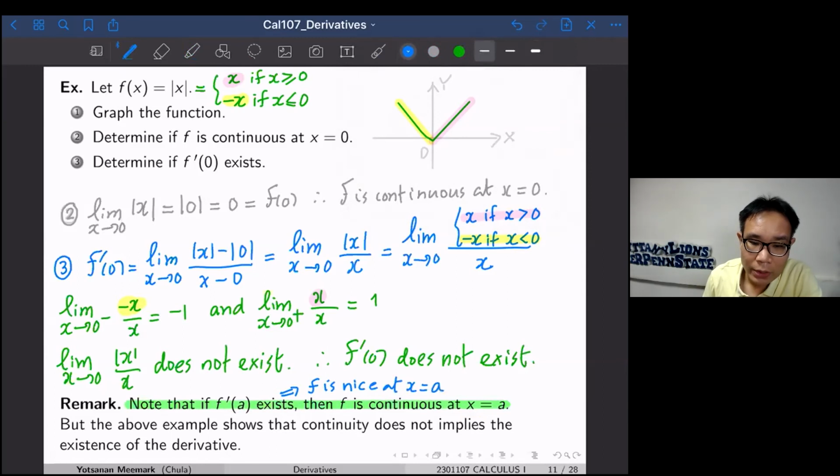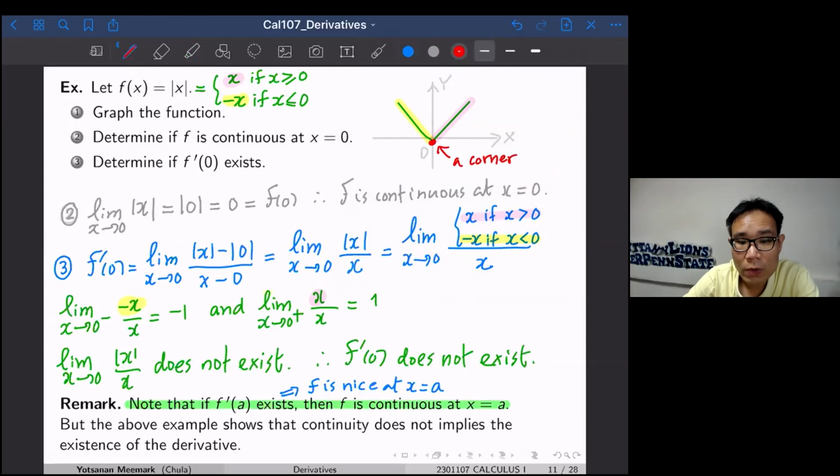Okay, so when it is nice at x equal to a, it's gonna turn out to be continuous. I'm not gonna prove this one for you, but I'd like to mention that this example shows that sometimes you get a continuous function that you are not able to differentiate, because the thing that you can see is gonna be at 0. Okay, we obtain a corner.